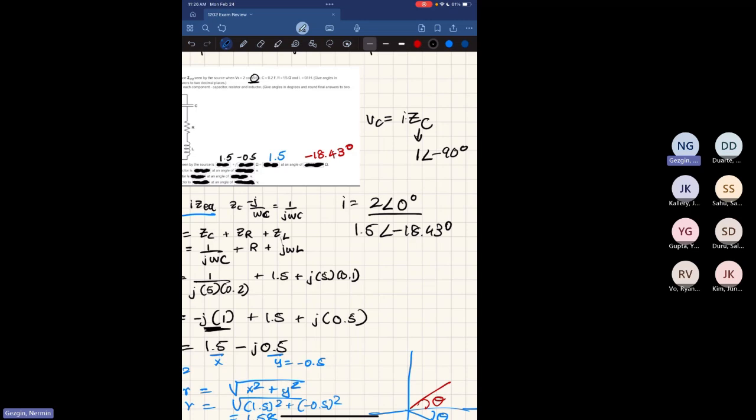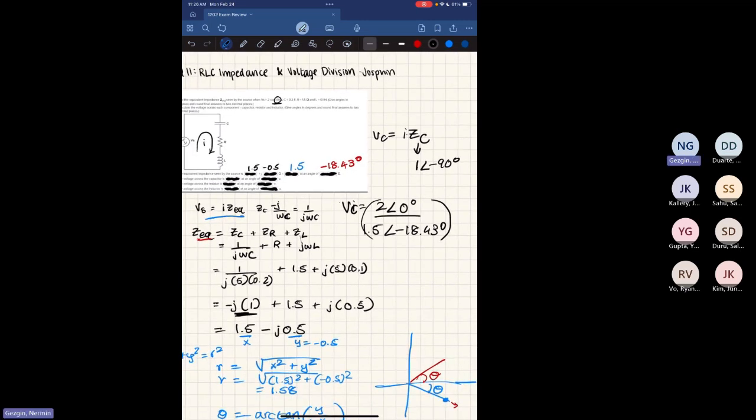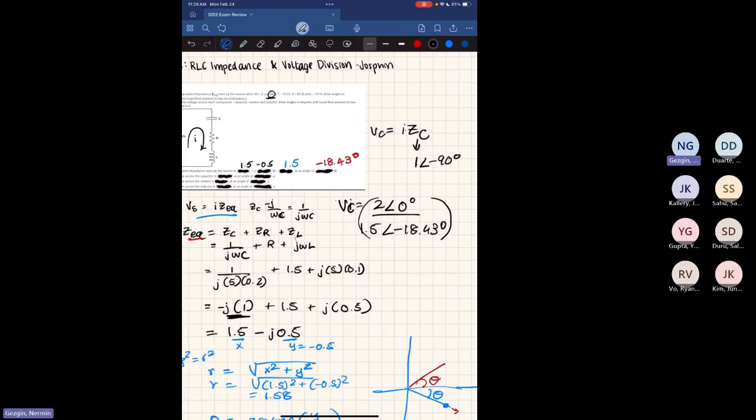So we can just use this. VC is equal to I times ZC, so that's 1 at an angle of negative 90 degrees.